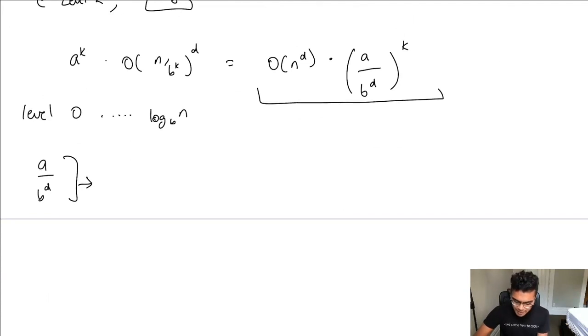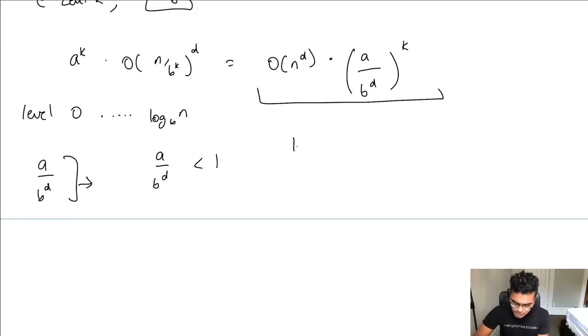First things first, let's say, what happens when my ratio a over b to the d is less than 1? When this ratio is less than 1, you're going to very quickly notice that my series is decreasing. At the very first level, level 0, my work done is going to be O of n to the d.